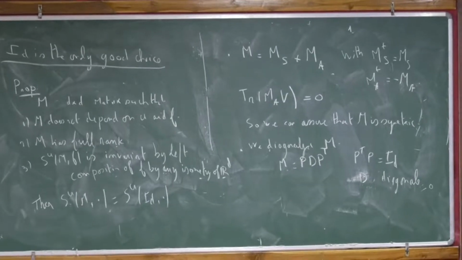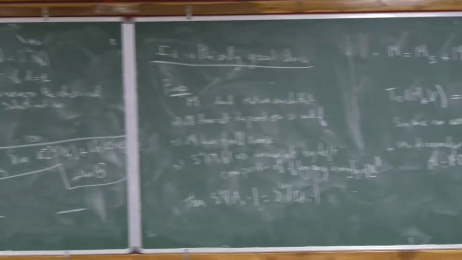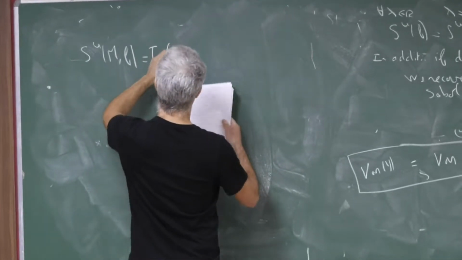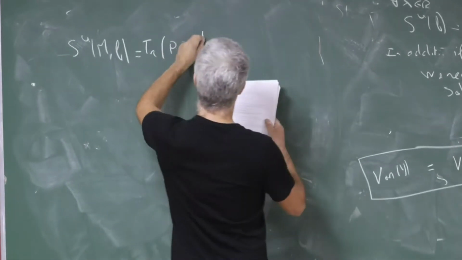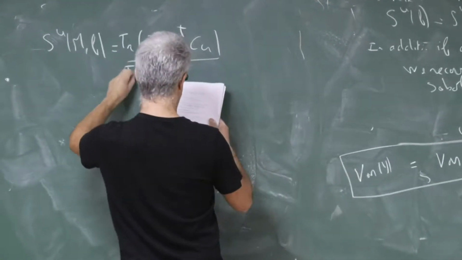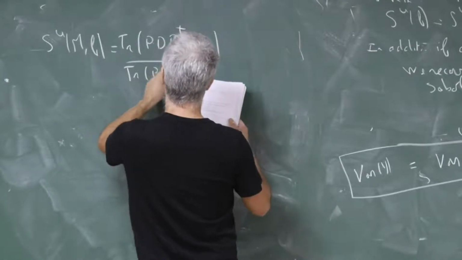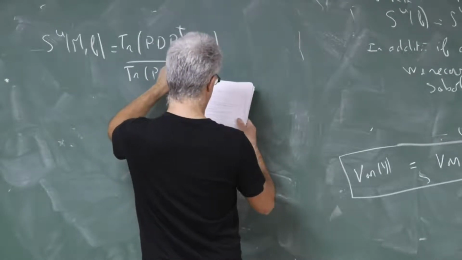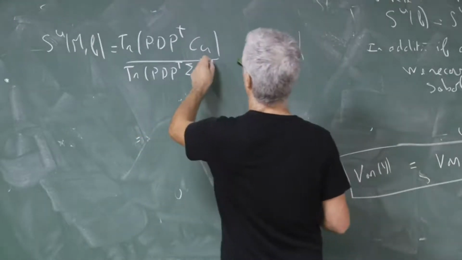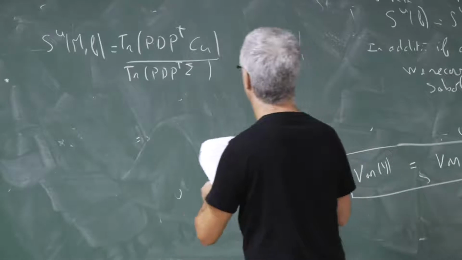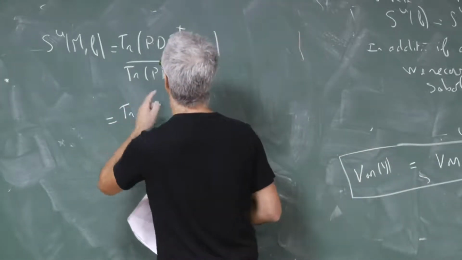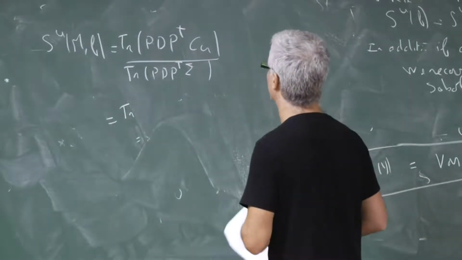Now this is invariant by cyclic permutation of the matrices here.